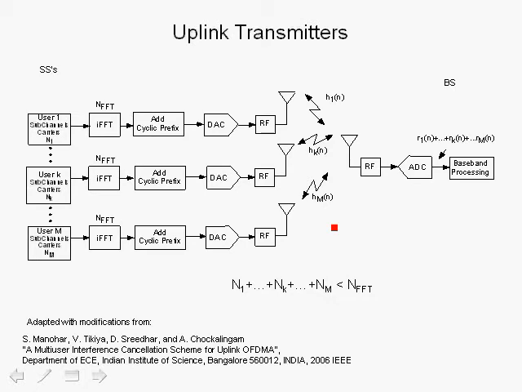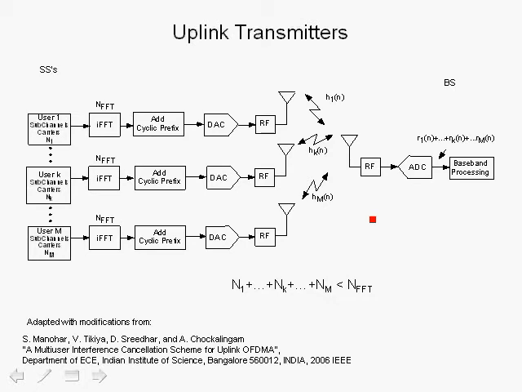And of course, we have the situation where every user goes through a different multipath, and multipath obviously causes multi-user interference in an OFDMA system. And we mentioned that every user sends its own preamble so that the base station can equalize that particular user.